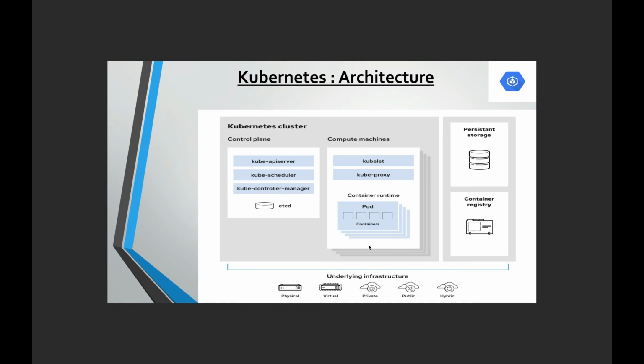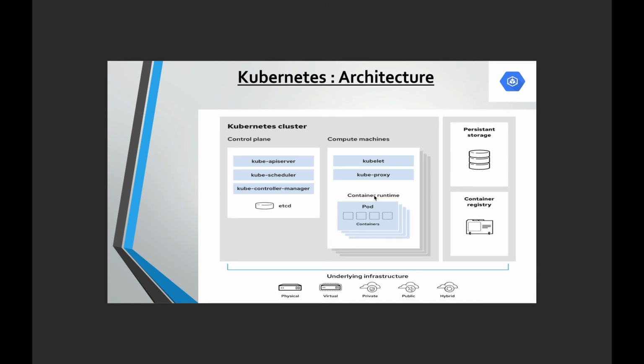We can always add or remove as many nodes as needed, as per our requirements, scale up or scale down. Now, coming to the container runtime engine. This is needed to run the containers. Like in case of Docker, we have Docker engine. So here we can use either the Docker engine or you can also use Rocket or RKT.